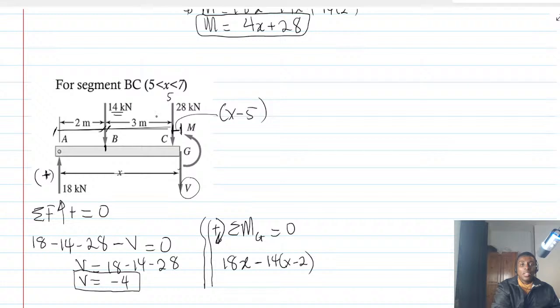X minus 5. In other words, from here to here is X, and then this is 2 plus 3 is 5. So beyond that, all the way to J is X minus 5. And the moment that the 28 kilonewton creates is going to what? I will have the force here as 28, and the distance will be X minus 5. So it creates a moment which is counterclockwise.